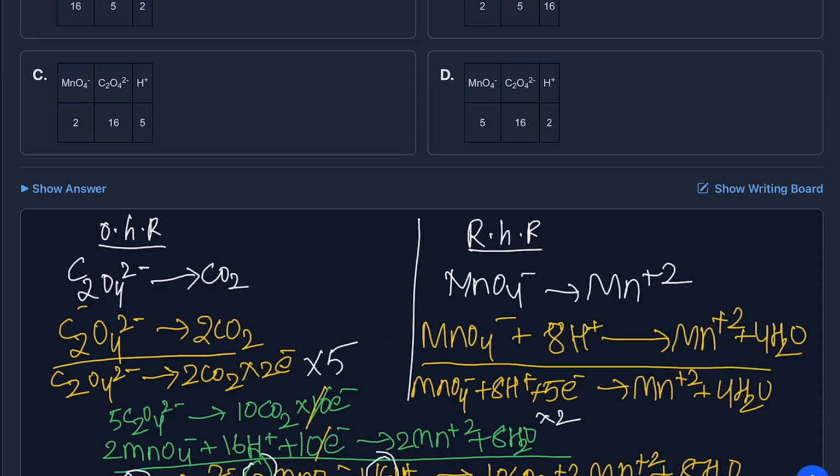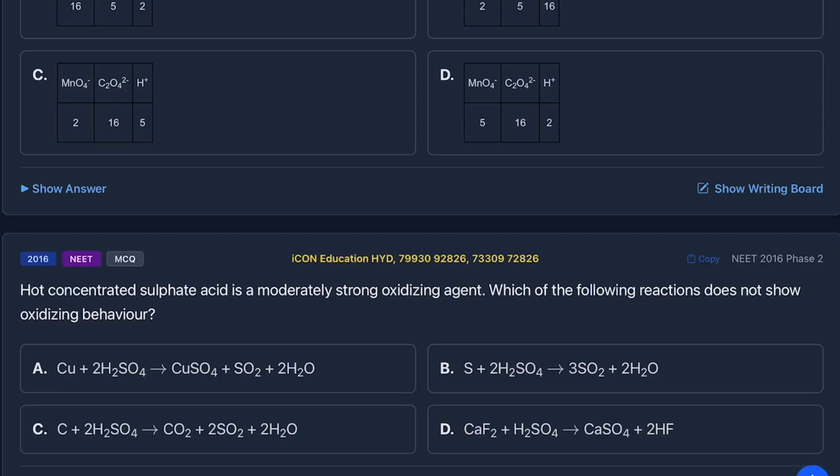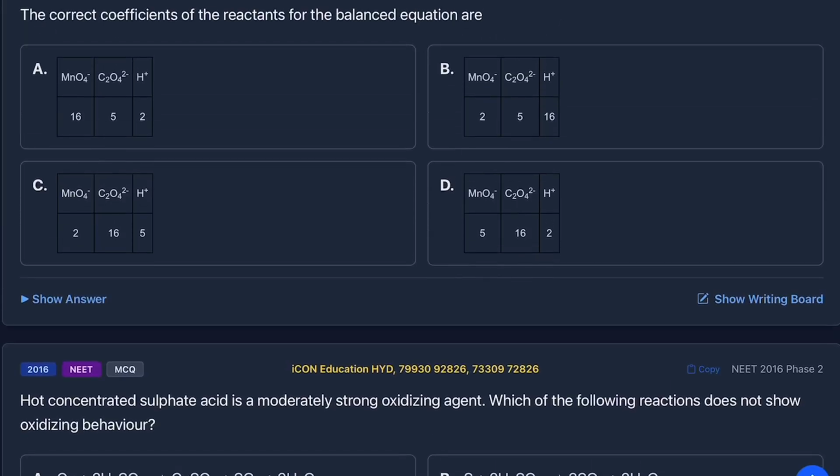We have to check the answer 2, 5, 16. The second option is our 2, 5, 16. So in our balanced equation, MnO4 minus is 2, C2O4 2 minus is 5, H plus is 16. So what is our correct option? B is our correct option.